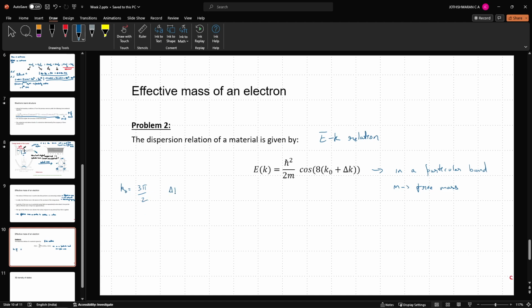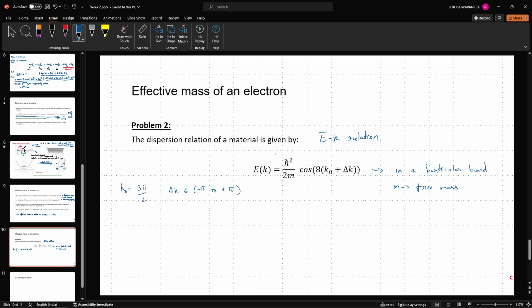And of course, delta k can be, as mentioned before, from minus pi to plus pi. Okay, so delta k varies from minus pi to plus pi. So this is the appropriate set of parameters for this dispersion relation.